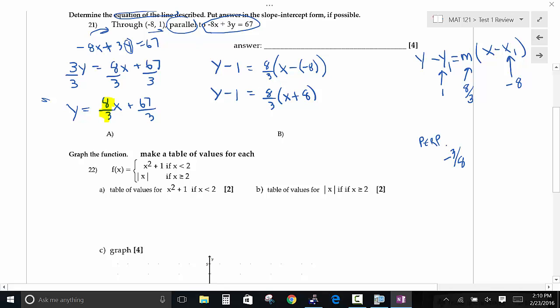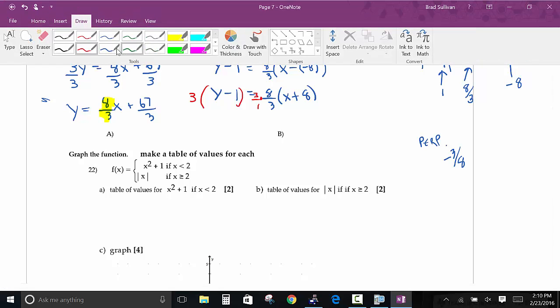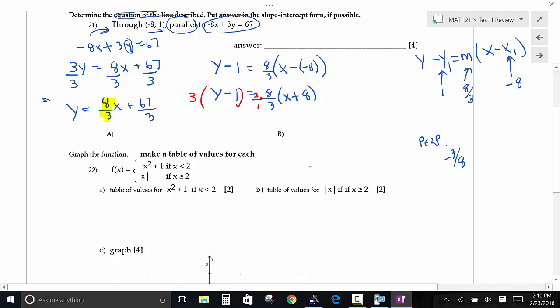If you just multiply this side by 3 and this whole side by 3, then you don't have to worry about the fractions anymore. So that's the best way, in my opinion, to handle the problem from there, okay? So what you're going to have is 3y minus 3, okay? And then on this side, see the 3's cross out. So now you're going to be left with 8 times x plus 8, like that.